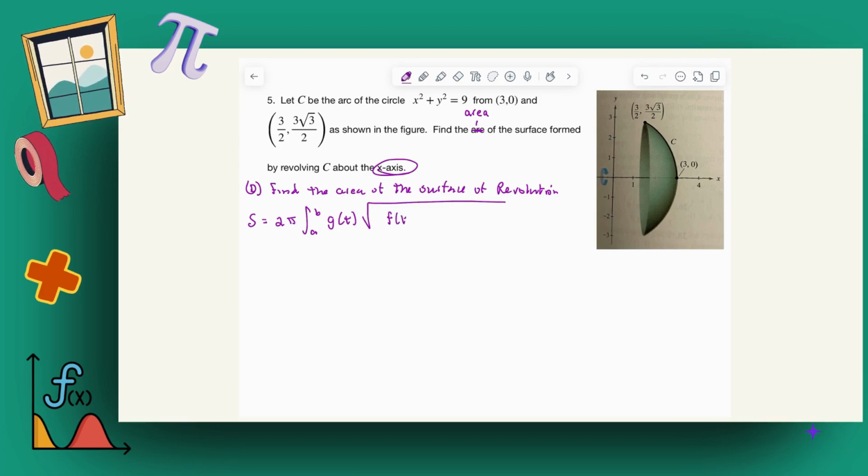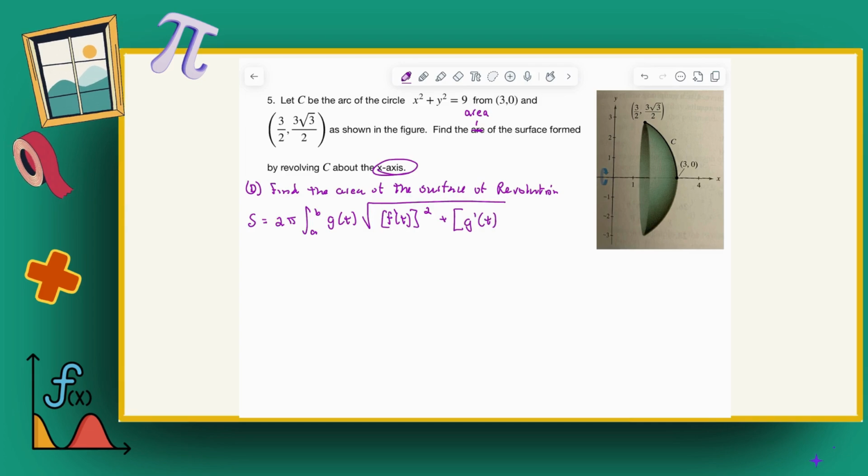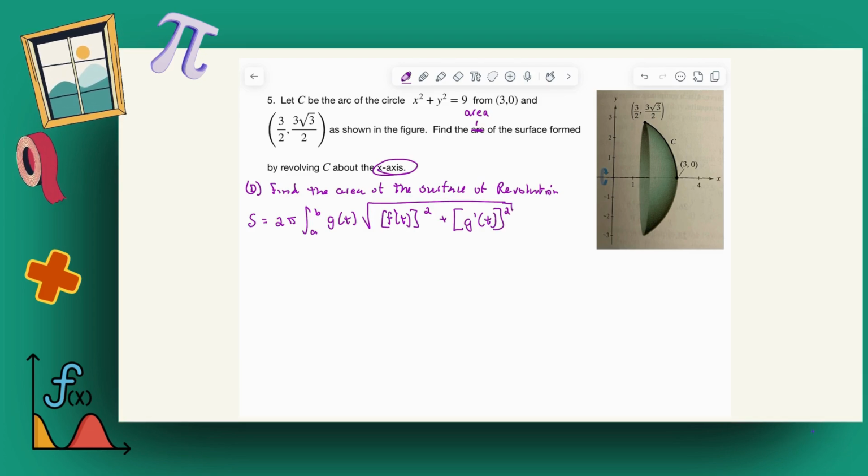So this is that first one for revolving around the x-axis. So I'm multiplying my arc length by my y function inside my integral.